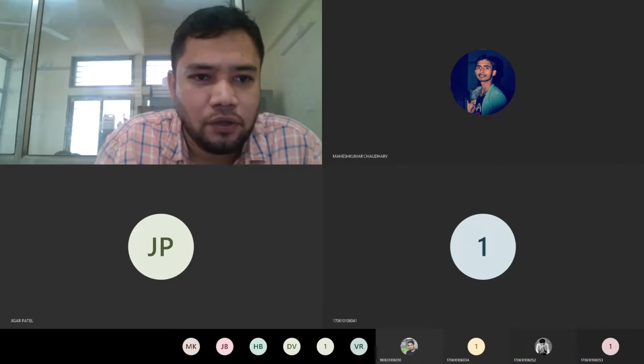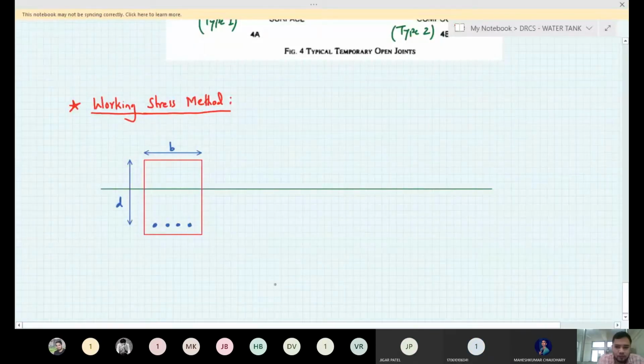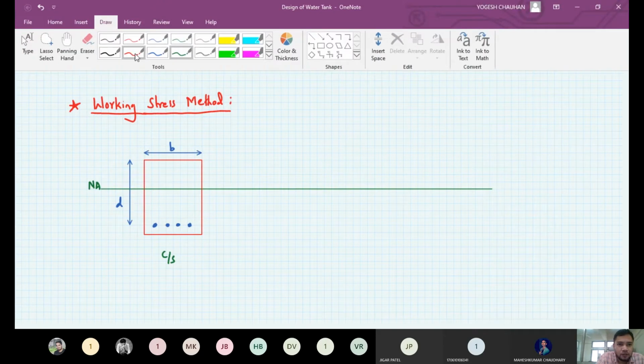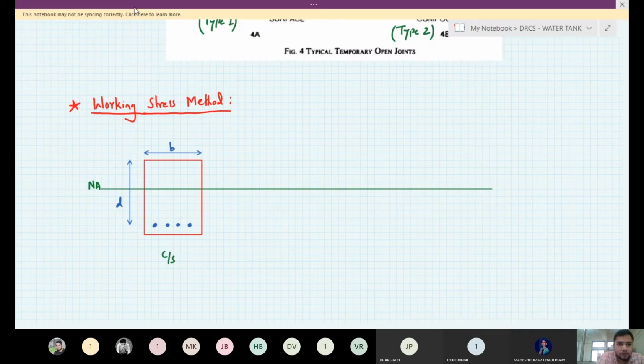Let the neutral axis be located somewhere here. So now this is the section. We call this the cross section. Now let us draw the strain diagram for this.